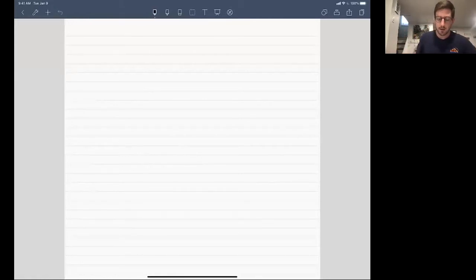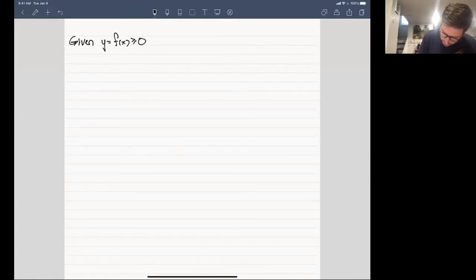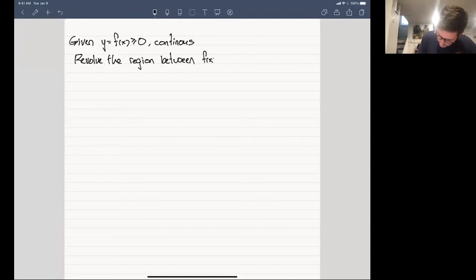So let's say we are given a continuous function, which is non-negative, and we will revolve the region between f of x and the x-axis between, say, two endpoints.